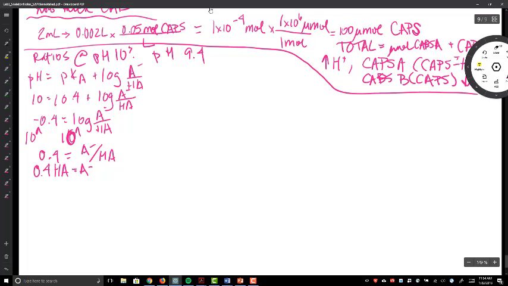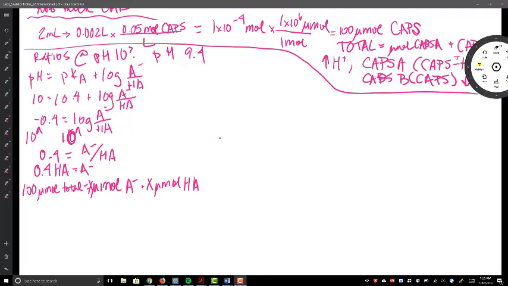So we have 100 micromole total. Total is going to be equal to X micromole of A minus, the base, and X micromole of HA, the acidic form.